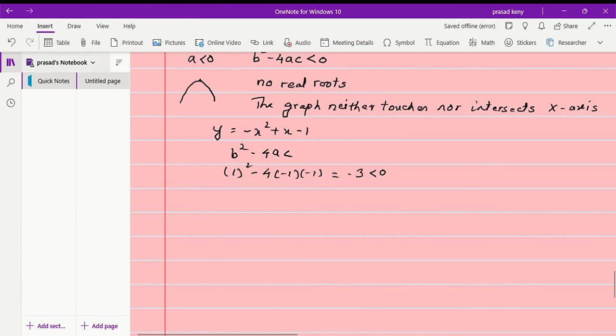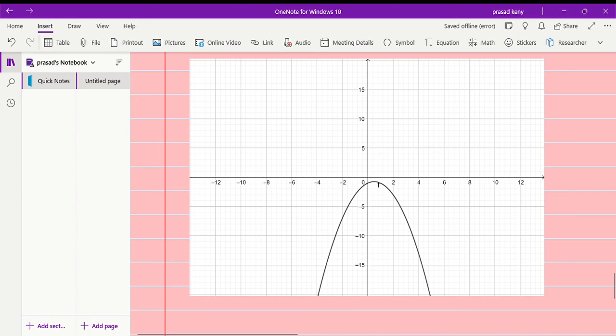So let us see the nature of this graph. So this is the graph of the quadratic function y is equal to minus x square plus x minus 1, which is a u opening downwards with a maxima, and as you can see, because the discriminant is negative, less than 0, this graph is neither intersecting nor touching the x-axis.